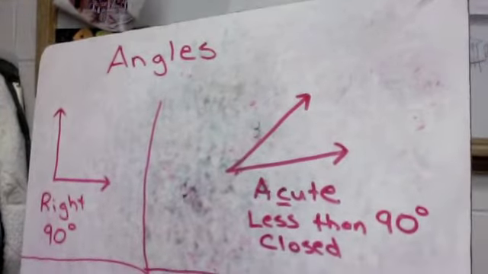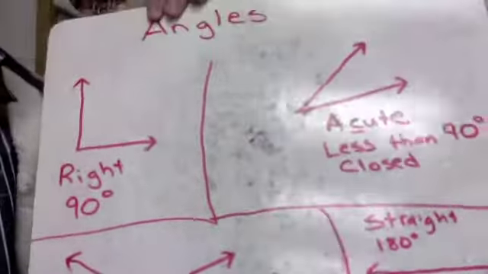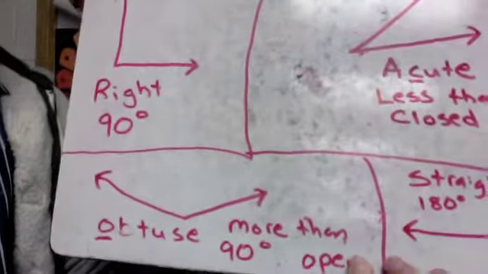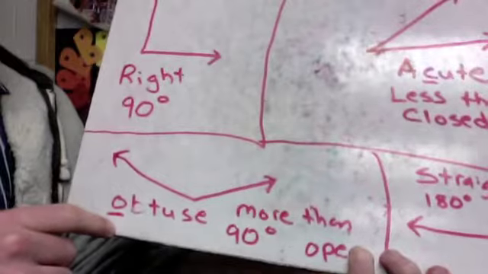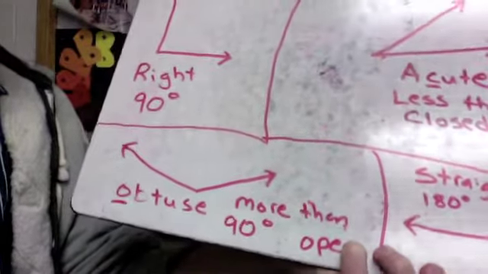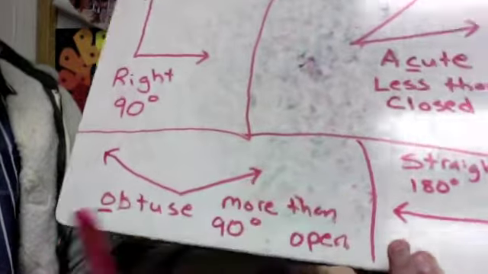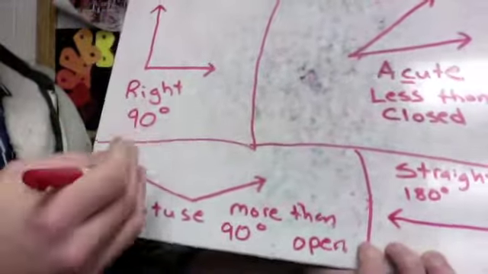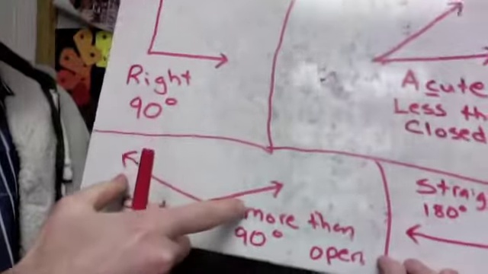That's an acute angle. Now, kind of the opposite of that will be up in the corner here. We've got our obtuse angle. Obtuse angles are, and I underline the O here, because they are what I would call open angles. The reason I say that is if a 90-degree angle goes straight up and straight over, these are wide open, obtuse.